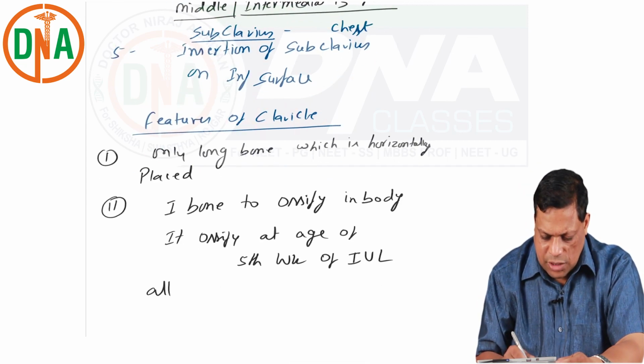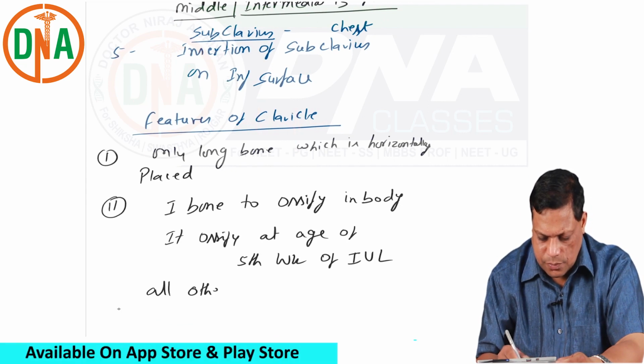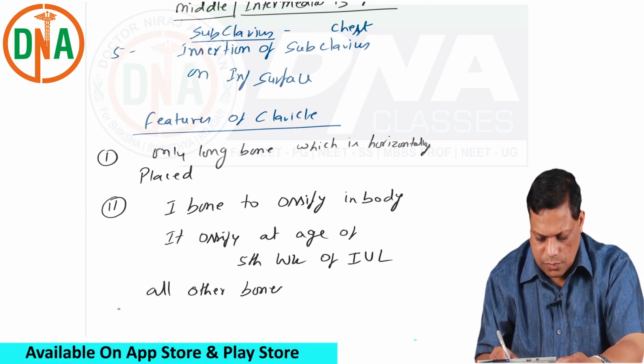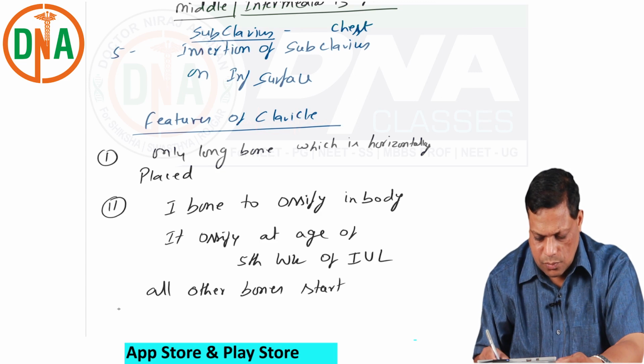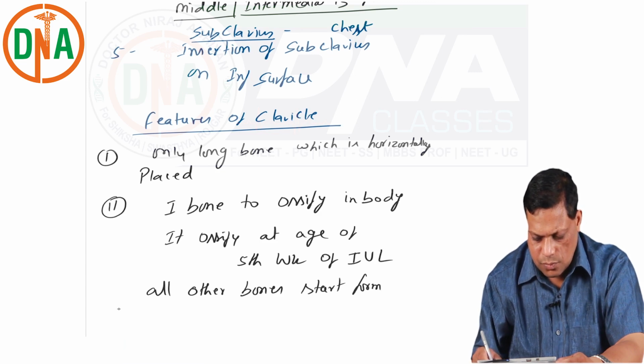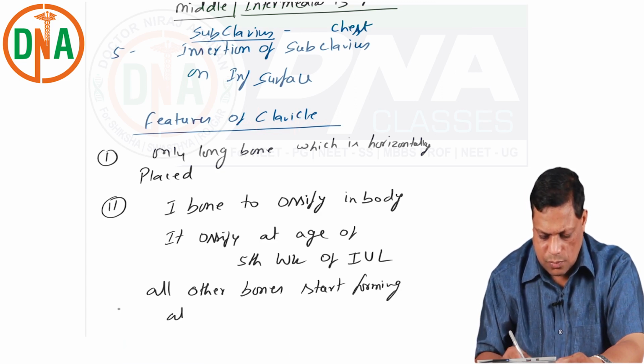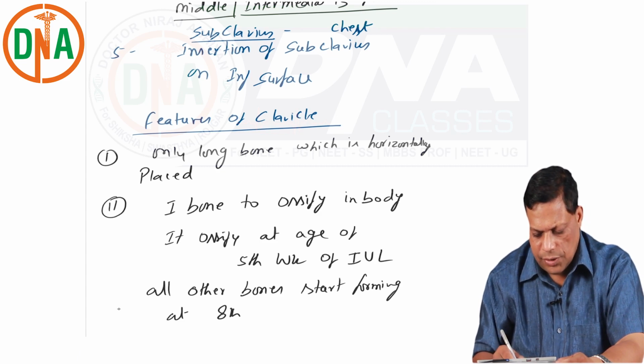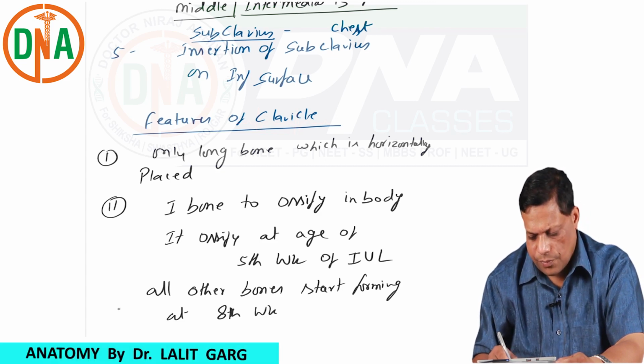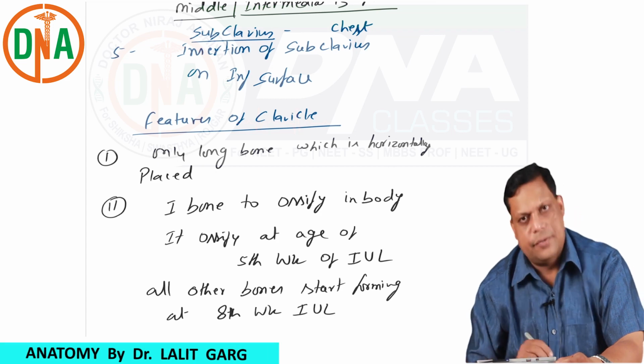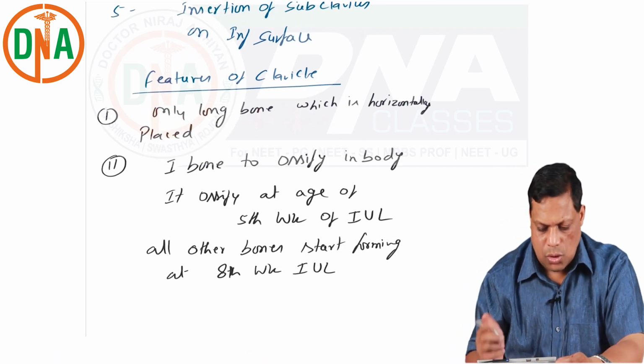All other bones start forming at the 8th week of intrauterine life. So it is the first bone to ossify.